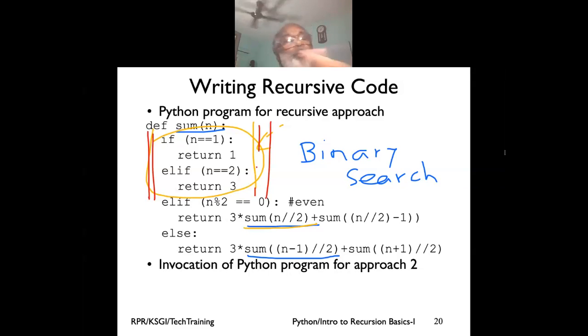Unless you do that, the program will go for a toss. So what is the smallest size problem you can solve yourself directly? And then build bigger problems on top of that. That's the key point. Okay? Is that okay?